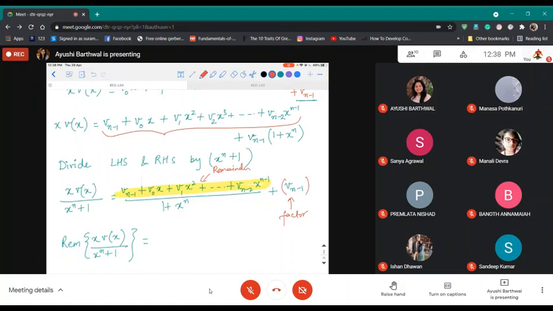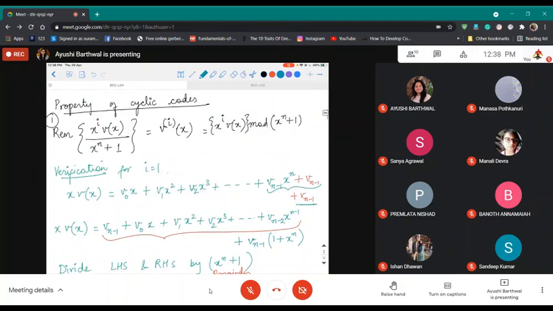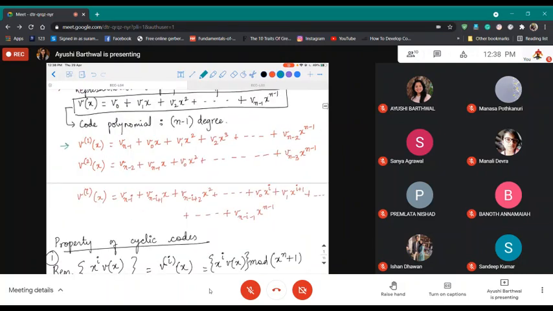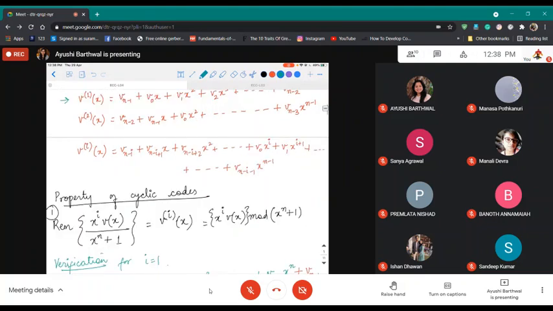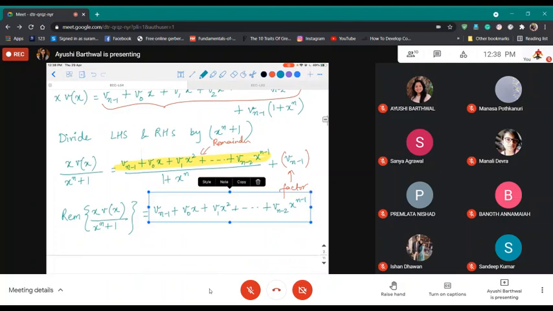So the remainder which is left is Vn minus 1 plus V0 x plus V1 x square, and if you observe this polynomial, you can very well say that this is the 1-bit shifted polynomial of V(x). So I can rewrite it as V1(x).